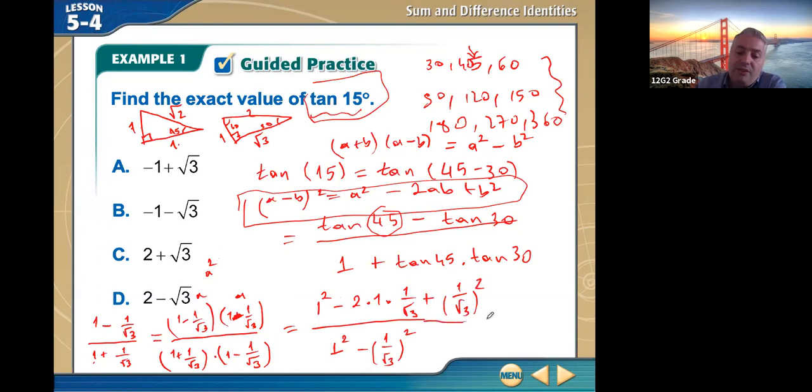So I have just used identities. And the numerator will be 1 squared is 1, minus 2 over √3, plus (1 over √3) squared, where 1 squared is 1 and √3 squared is 3, divided by 1 minus 1 over 3. Till here, any question?